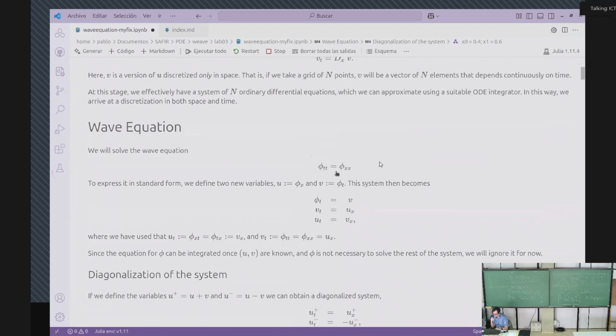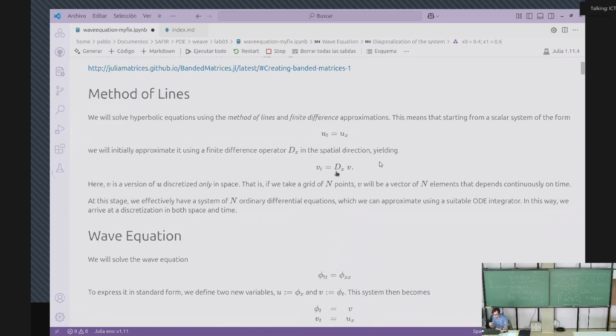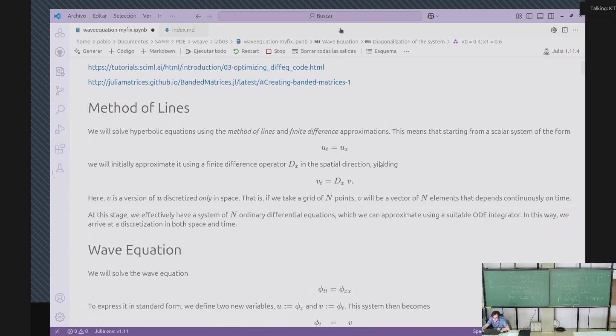But if you do not have dissipation, so maybe if you have a problem like this here, right? So here we were solving u_t equals u_x, right?